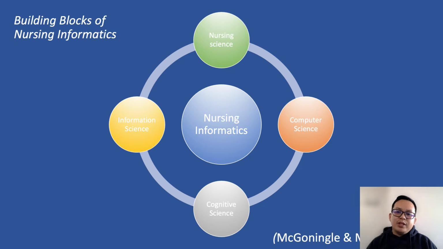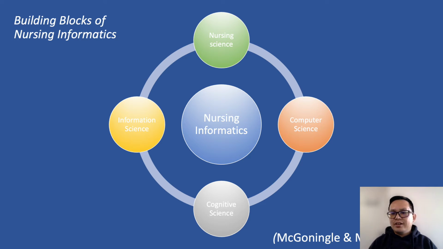McGonigal and Maestri in 2021 also added cognitive science as the fourth building block of nursing informatics. I quote that cognitive science is an interdisciplinary field that studies the mind, intelligence, and behavior from... Here's something I found on the web, according to Wikipedia. I'm sorry about that. Alexa is just listening to our discussion.